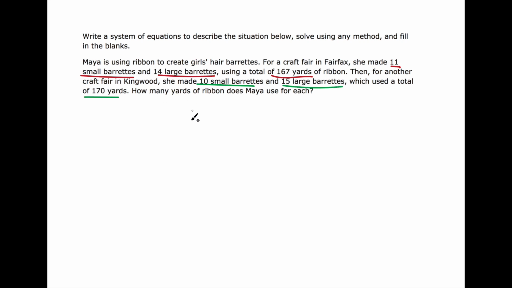And the key is in the question. So it says, how many yards of ribbon does Maya use for each? Okay, so we need to define a couple of variables. So you can say x equals yards of ribbon for small barrettes, because I said so.